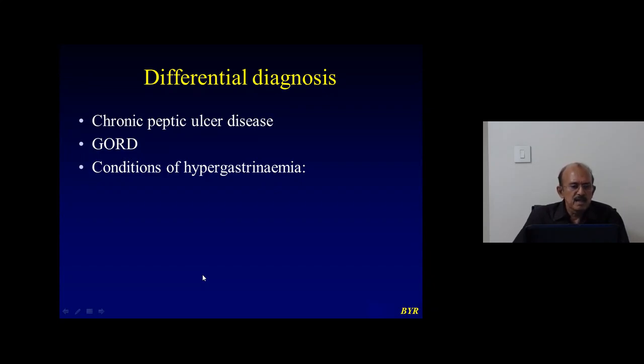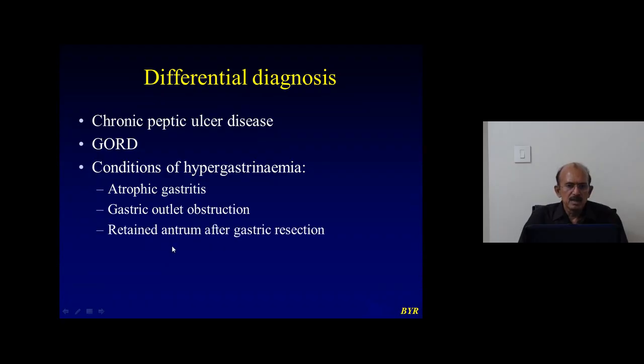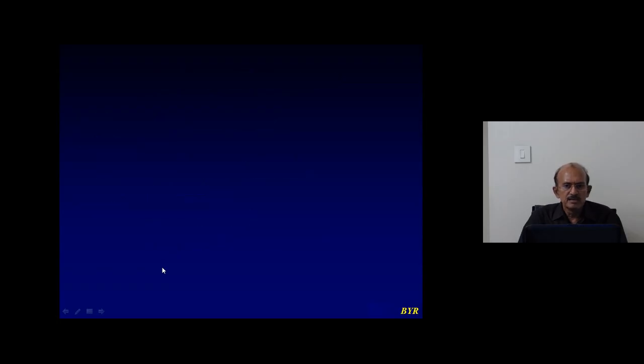So in atrophic gastritis and pernicious anemia, there will be increased levels of gastrin. Why they are increased, I will explain when I tell you about this disease of the stomach in the next class. So atrophic gastritis, gastric outlet obstruction, retained antrum after gastric resection.